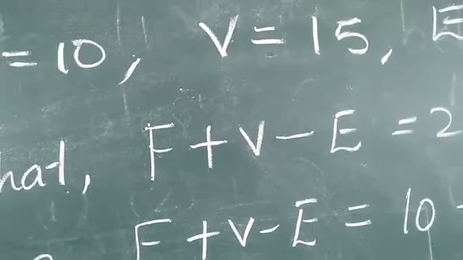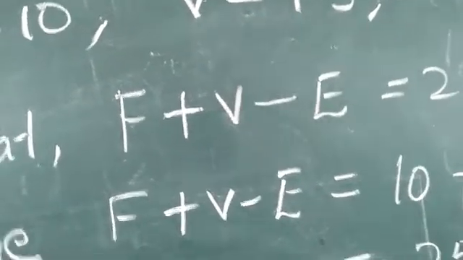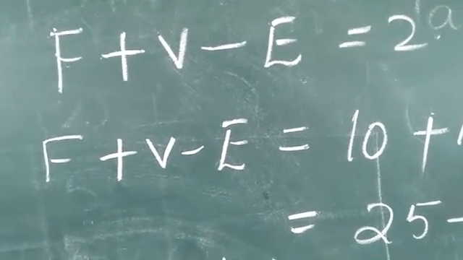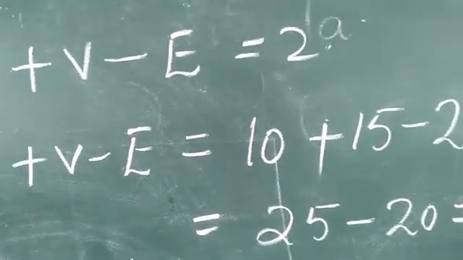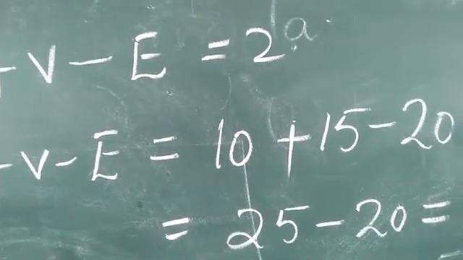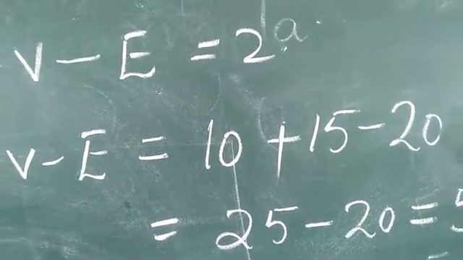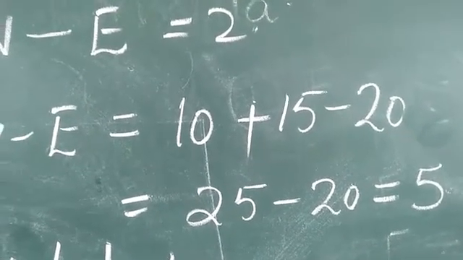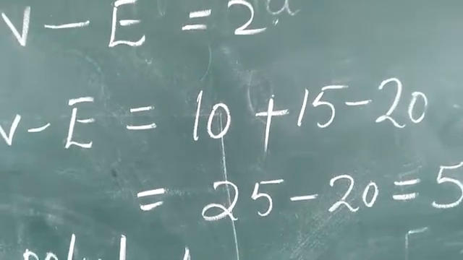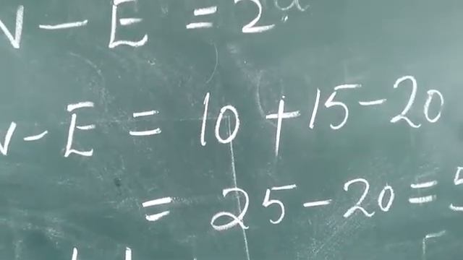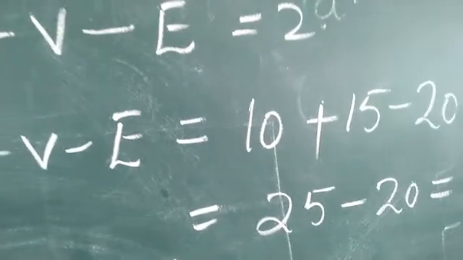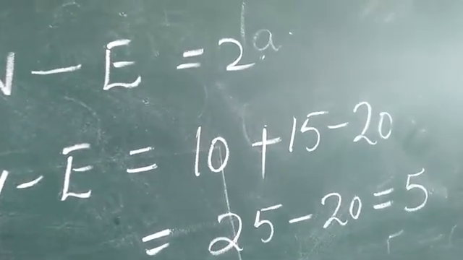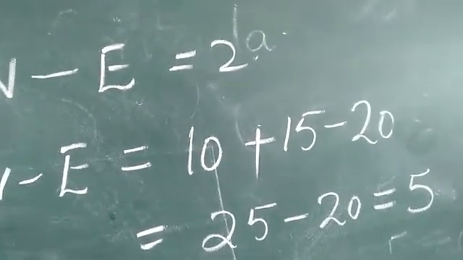F plus V minus E equals 2. But here F plus V minus E is 10 plus 15 minus 20. We will get 5, not 2. So, we can decide a polyhedron with these faces, vertices and edges is not possible.